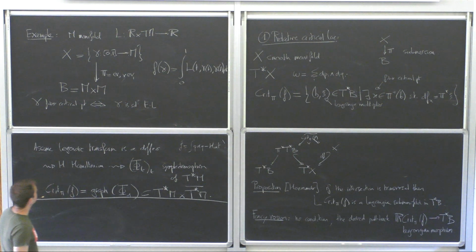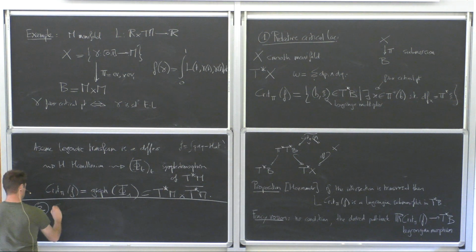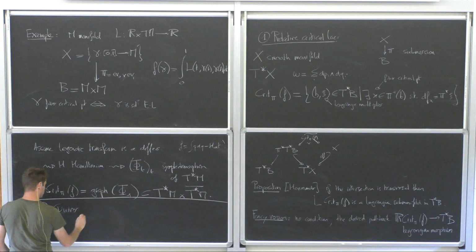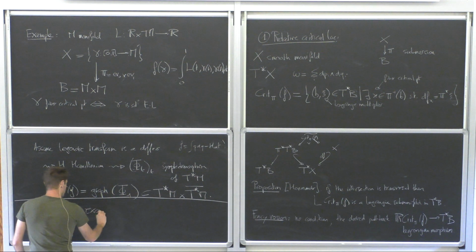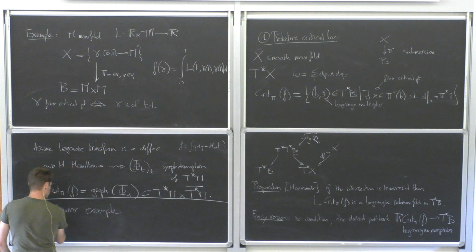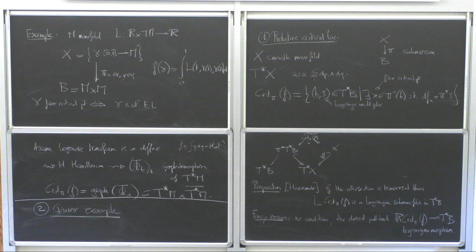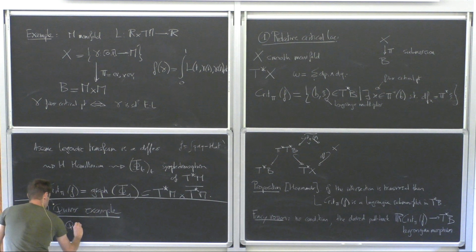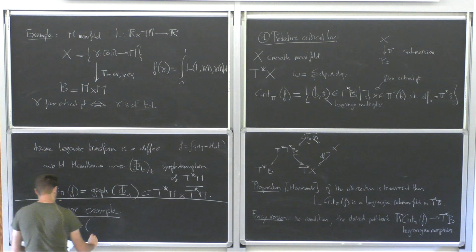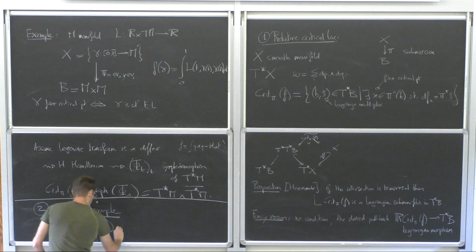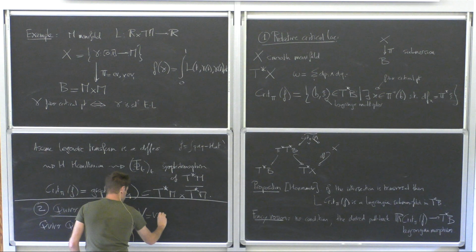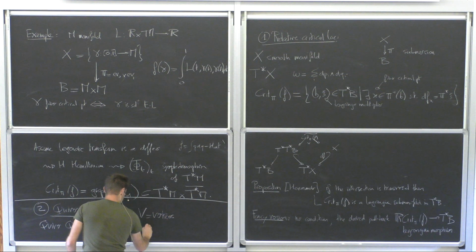All right. So now I want to show you a large class of examples of this situation that comes from the representation theory of quivers. So let me just say that a quiver is just a pair (V, E), where V is a set of vertices and E a set of edges.